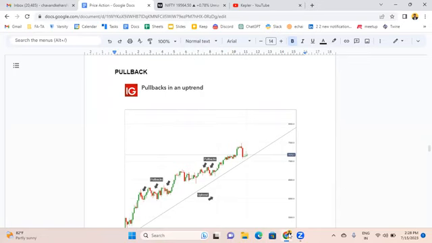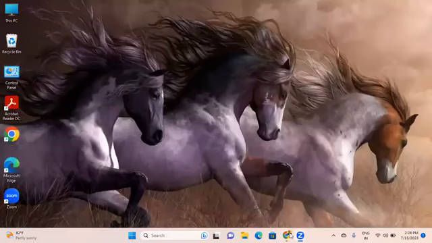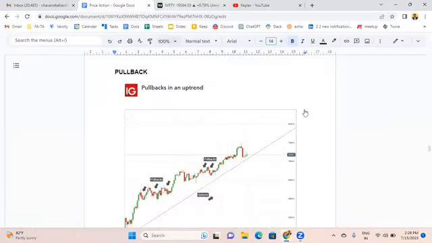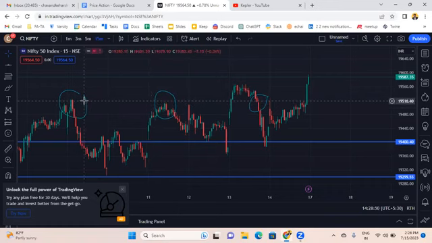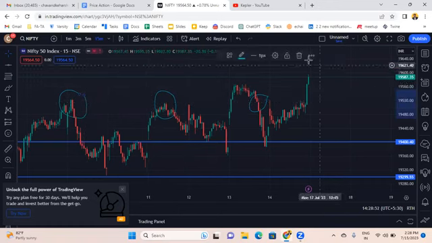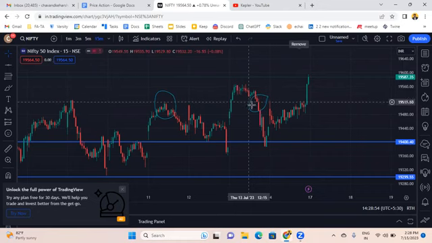So how do we figure out the pullbacks? Let's go to the Nifty chart and let me clear this, because observing the chart is important.